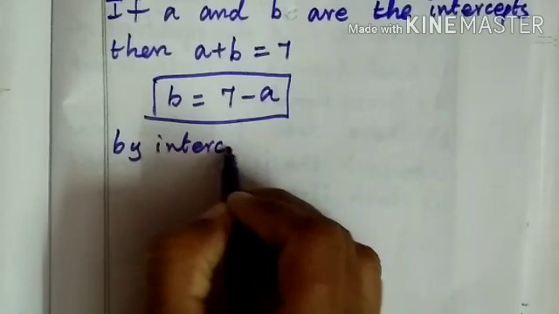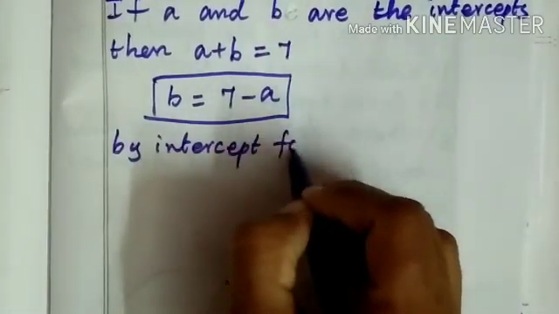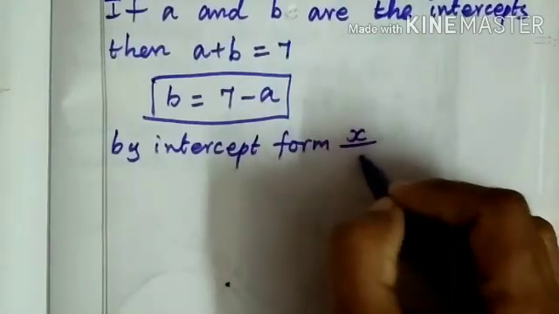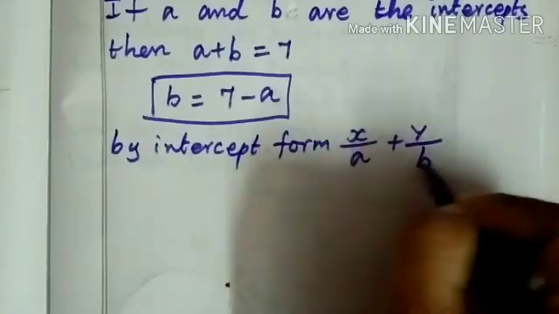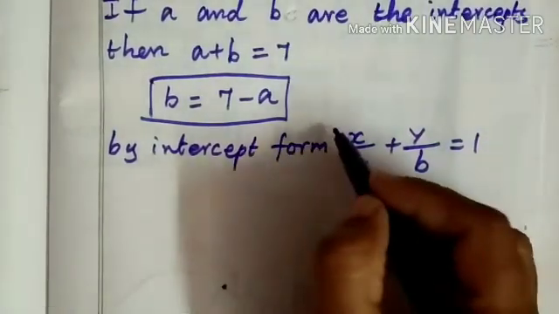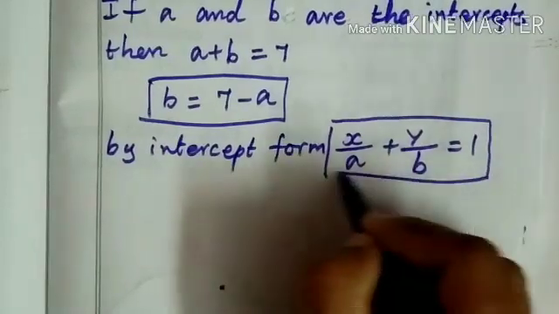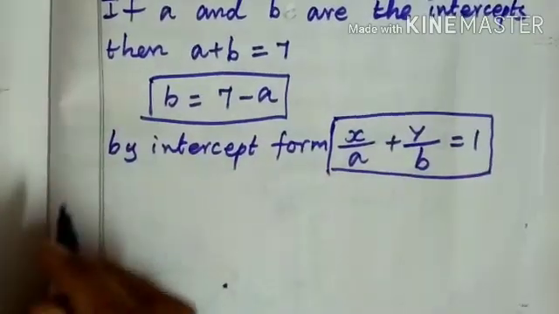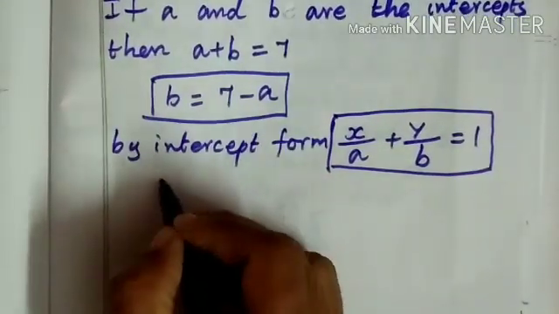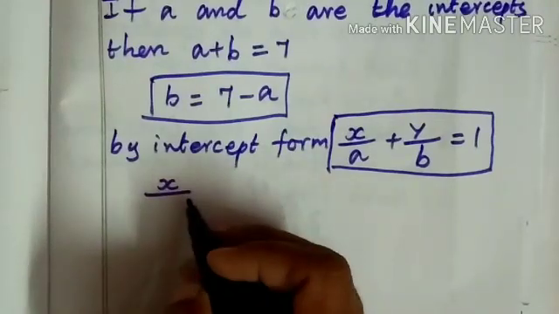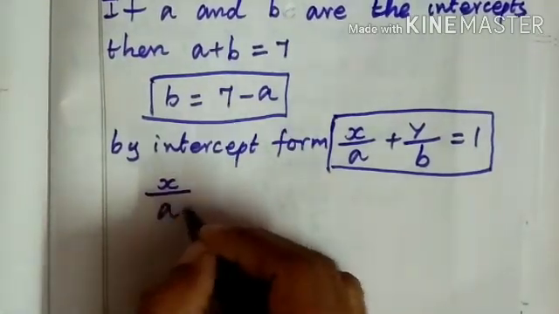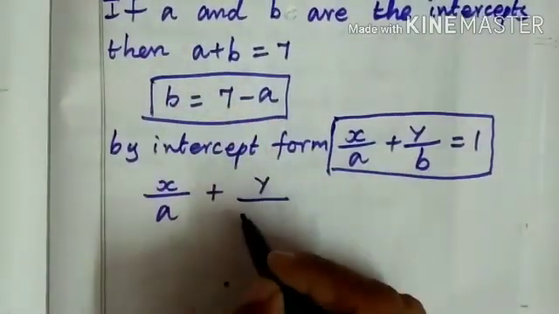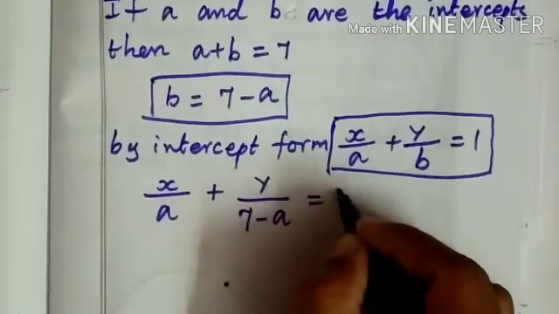In intercept form, we have the equation x by a plus y by b is equal to 1. This is the formula. Now you have to apply the given intercepts in this equation, and we get x by a plus y by, instead of b you apply 7 minus a, is equal to 1.